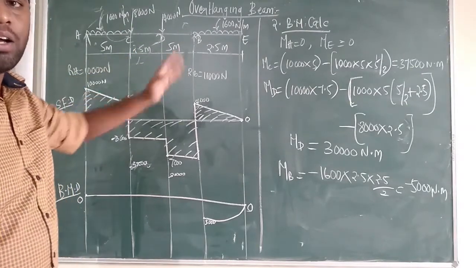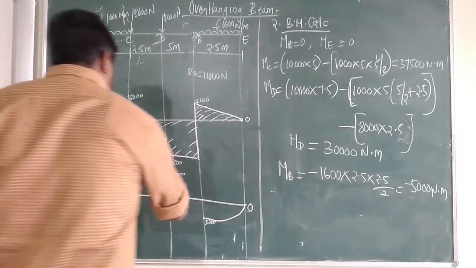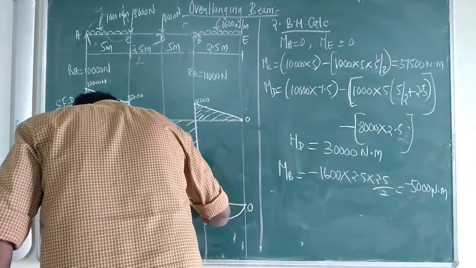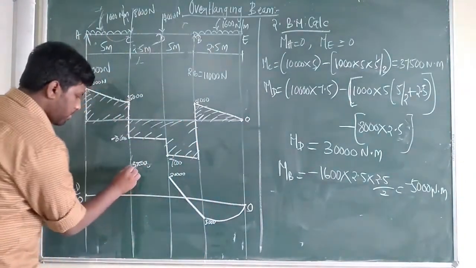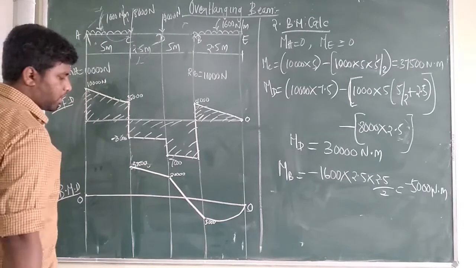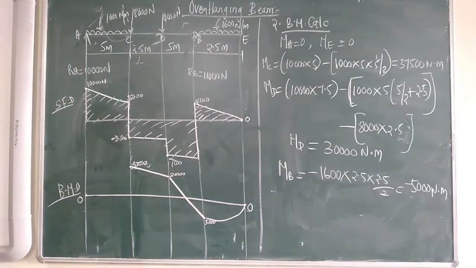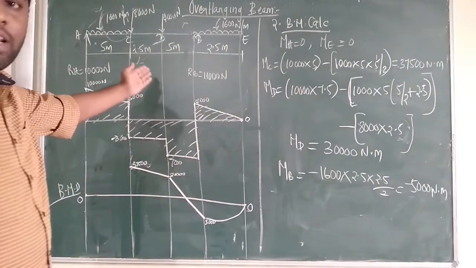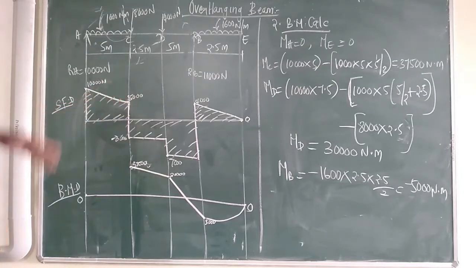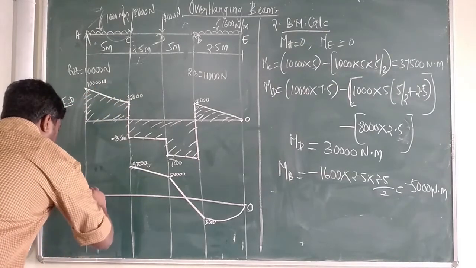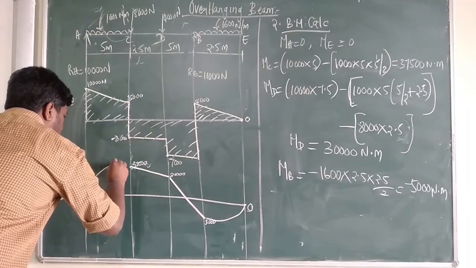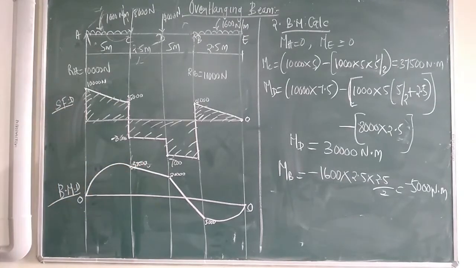That means it is an inclined line. So draw an inclined line. Okay. Next, from A to C there is a UDL. That means you have to draw again a parabola. Okay. So this is how you will draw a bending moment diagram.